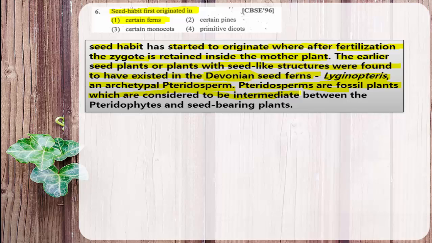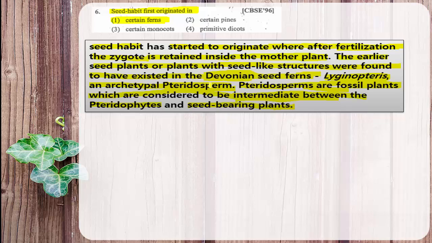They are considered to be the intermediate between pteridophytes and seed bearing plants. See, this I explained already. In between pteridophytes and gymnosperms, there is an intermediate connecting group called pteridosperm, and it showed the formation of seed habit for the first time.